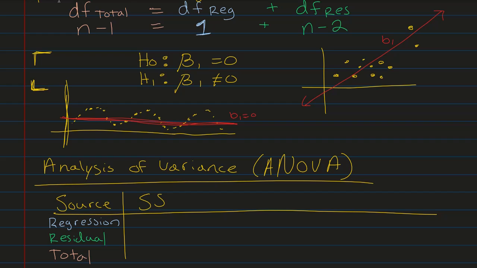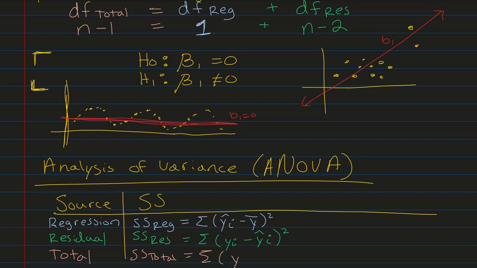All right, so the sum of squares for the regression, SSREG, is the sum of yi hat minus y bar squared. The sum of squares residual is the sum of yi, our observed values, minus the predicted values squared. And then the sum of squares total is the sum of each observed value minus the mean squared.